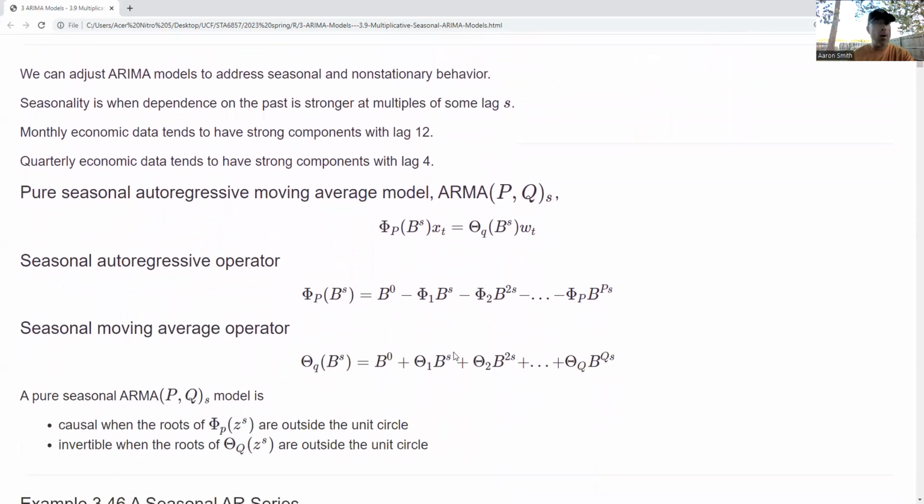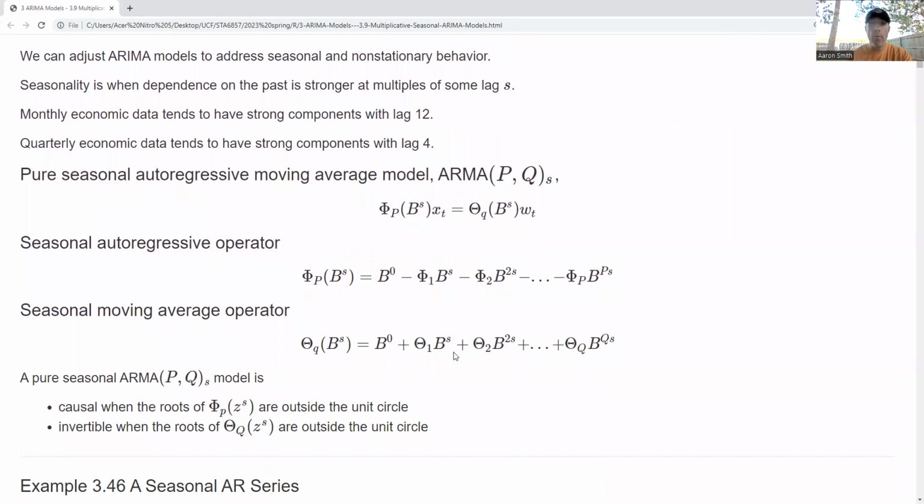All right, so if I want to do a pure seasonal moving average model, in our notation, I'm going to use capital phi to indicate that this is a seasonal autoregressive. Remember, lowercase phi is regular autoregressive, and the authors choose to put a subscript for the degree.